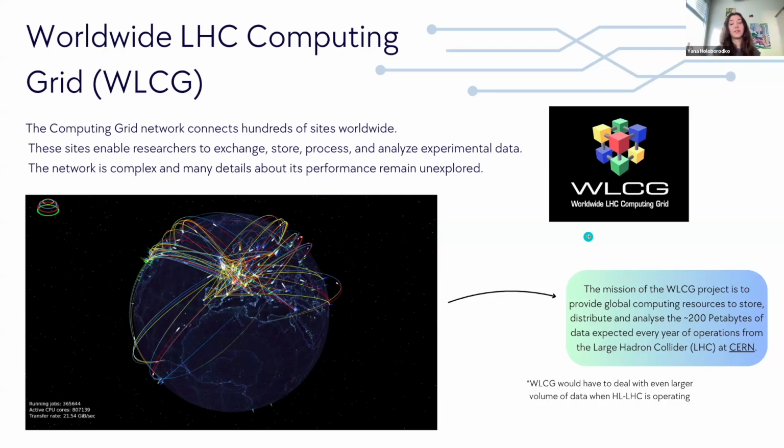It provides scientists with the ability to exchange data from experiments at the Large Hadron Collider to analyze and process it. As I've already said, this computing grid deals with a huge amount of data, and it will experience even more after the High Luminosity LHC starts to operate.